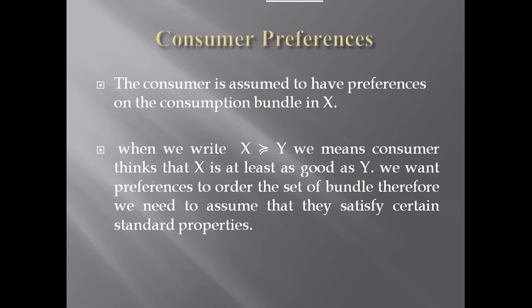The consumer is assumed to have preferences on the consumption bundle in X. When we write X is at least as good as Y, here again we are using the notation X is at least as good as Y. What we need here, we want preferences to order the set of bundles, and we need a certain type of preferences, well-behaved preferences.